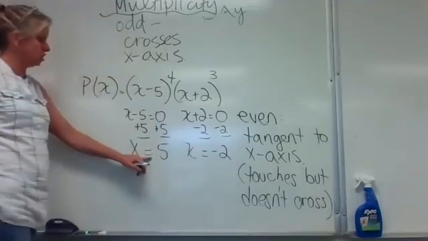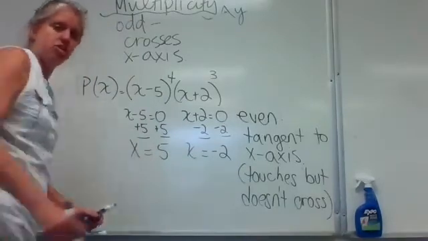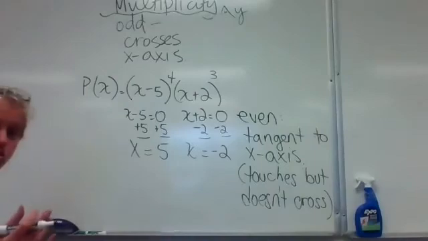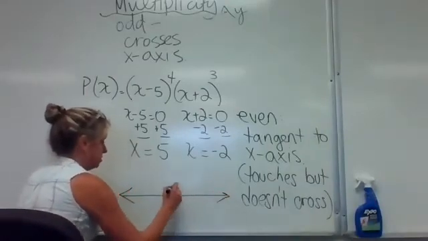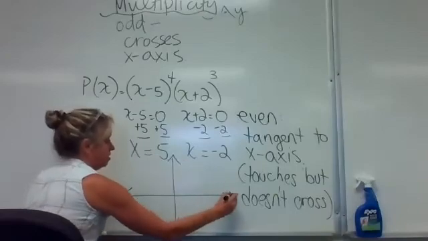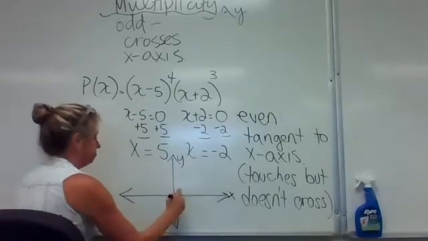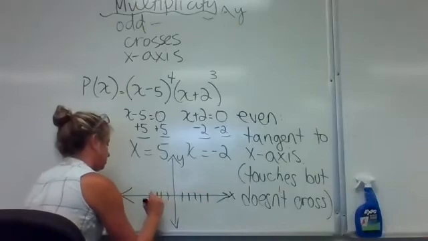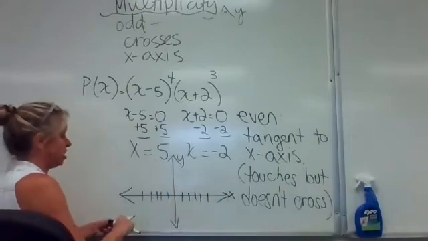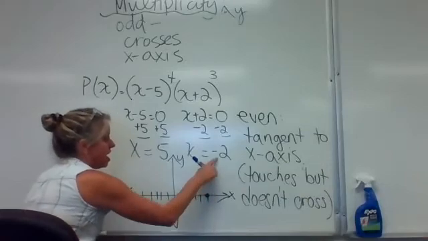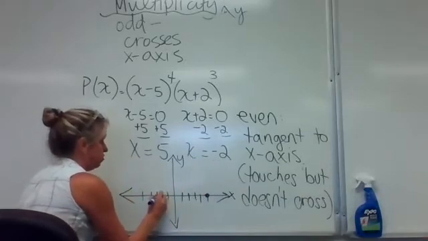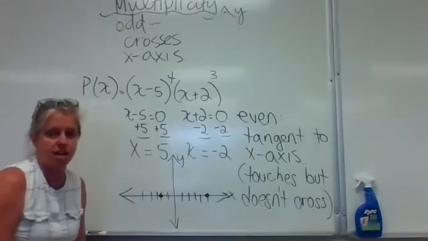So these are the two places where it's going to touch or cross the x-axis. If I'm on the x-axis, it's going to cross or touch it at +5 and cross or touch it at -2. That's what finding the zeros does.